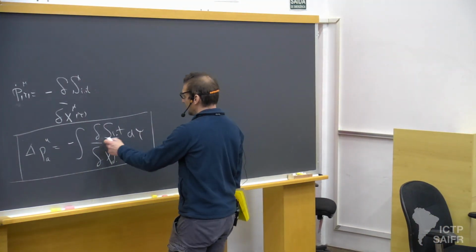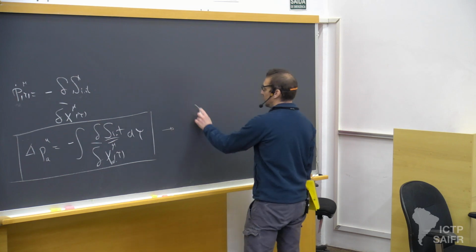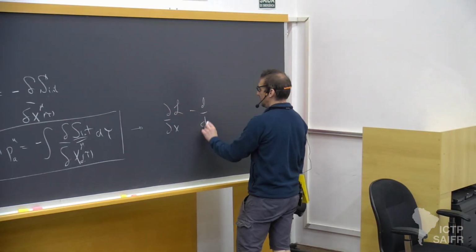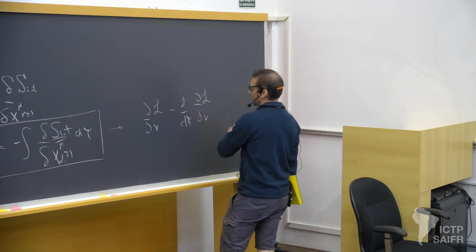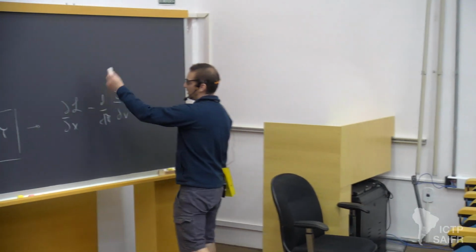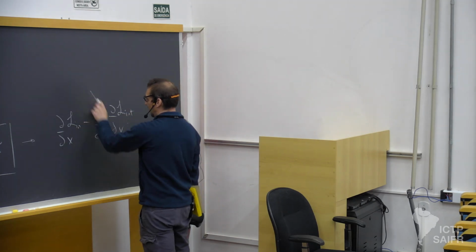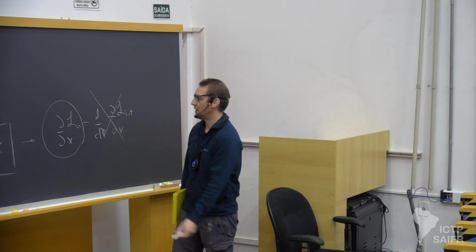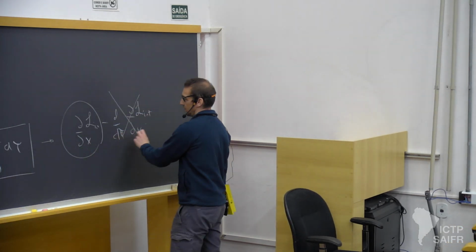Now, what is this? It has two pieces, because then we have dL/dx and d/dt of dL/dv. But this will be a total derivative, and as long as the interaction part dies at infinity, I can ignore this, and I can just compute with this. So then I just integrate this part here and drop this.